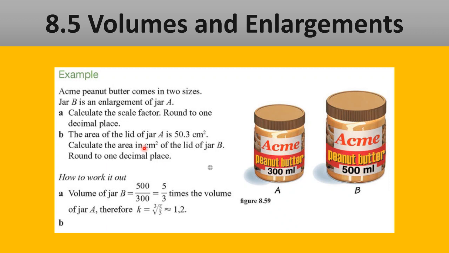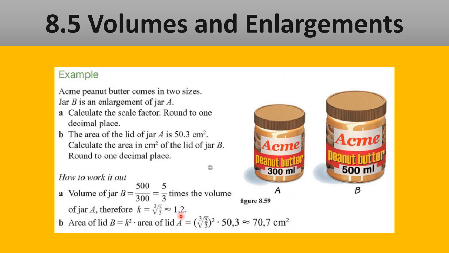Okay? Now, if we know the area of the lid of A and we want the area of the lid in B, remember area works with k squared. We don't know k squared, but we do know k. How can I go from k to k squared? Yeah, by squaring this number, right? k squared times the original area. So they take this number here instead of 1.2, and it should be a decimal point here, right?